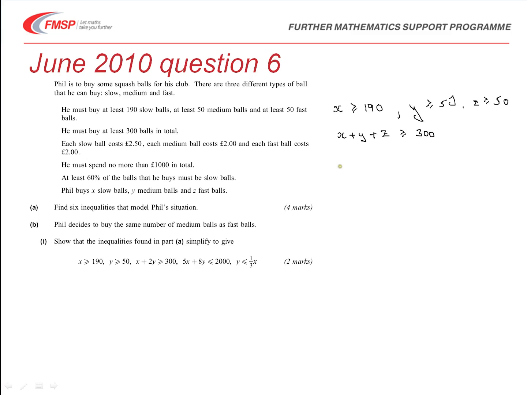The slow balls cost £2.50, so 2.5 times X, and the medium ones cost £2, so 2 times Y, and similarly 2 times Z for the fast ones, and that must be less than or equal to 1,000.